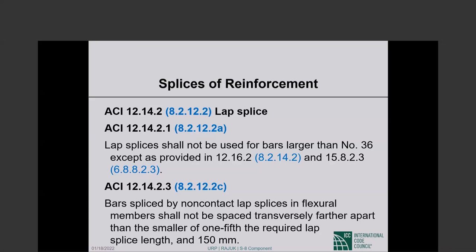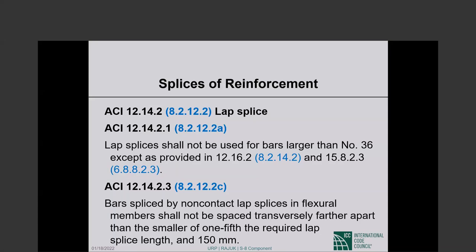I don't remember. Bars spliced by non-contact lap splices. There are such things. The bars that are being lapped do not necessarily have to be in contact. There are non-contact lap splices, and you can transfer stress by non-contact lap splices.